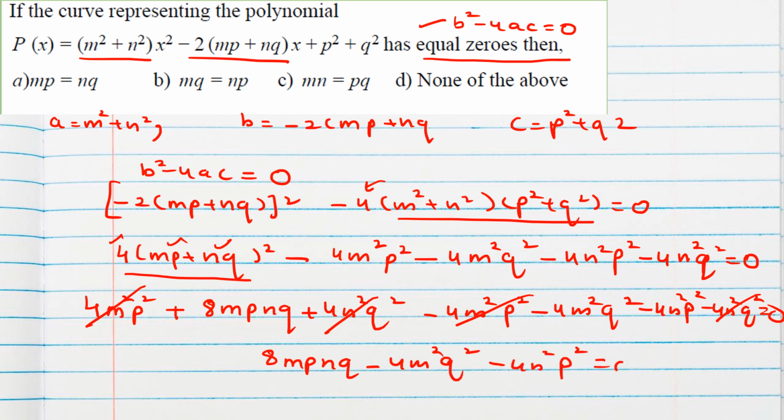If you divide throughout by 4, you will get a different relation. That relation we can write as 2 mp nq minus m square p square minus n square q square equal to 0.